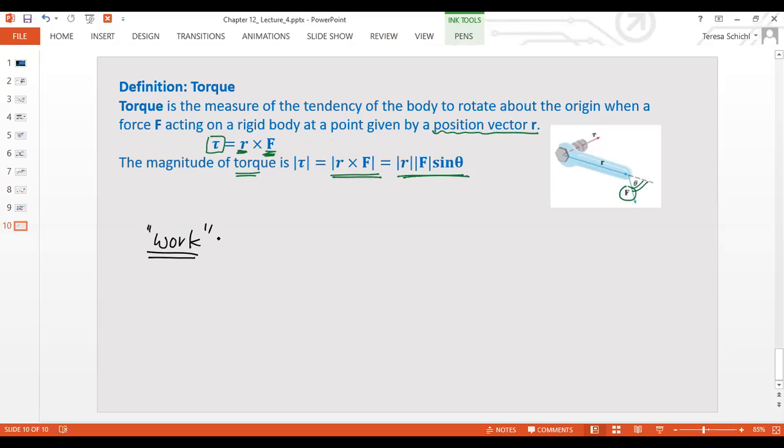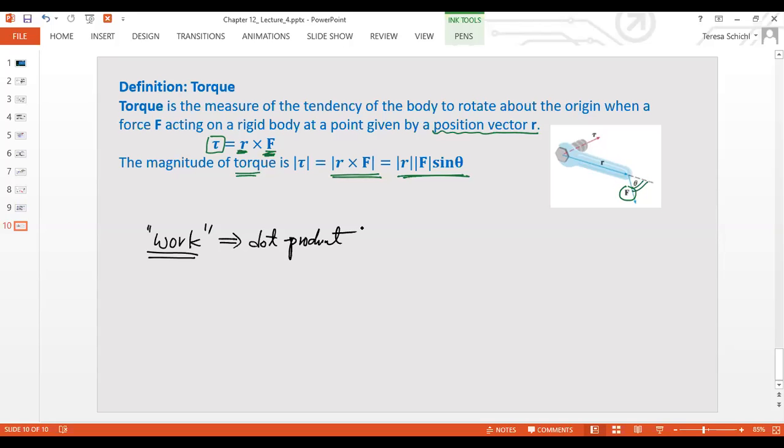So those are the two different applications: one is the work, one is the torque. In order to find the magnitude of the torque, we use the cross product. If your major is physics, this is pretty straightforward, right?